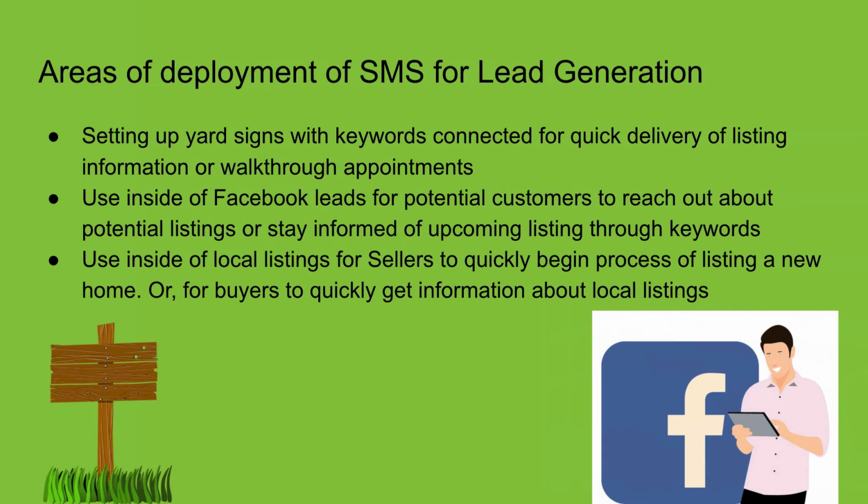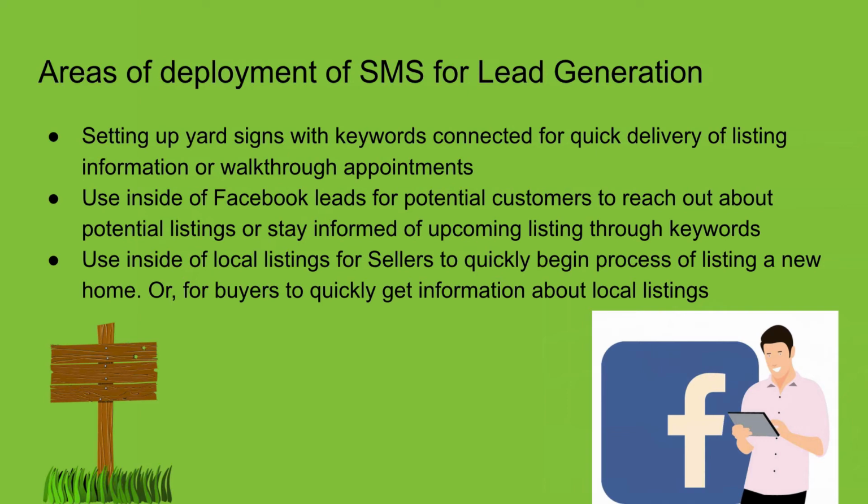The other is use inside of local listings, whether trying to get sellers to find you to quickly begin their process of listing a new home, or for buyers that are looking in that area to get information about listings in that area. Again, there's no shortage of keywords that I could use, so I could be setting up keywords for all three of these different tactics: setting up my yard signs, doing some things on Facebook, and then use inside of local listings.